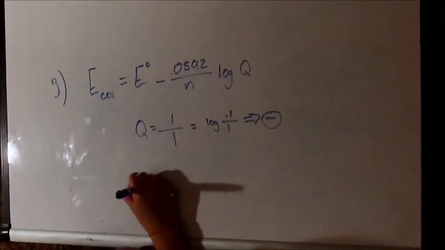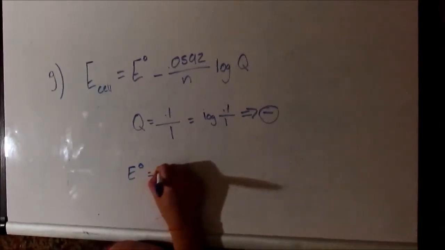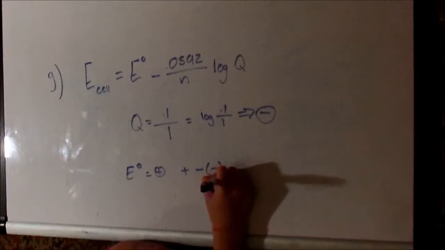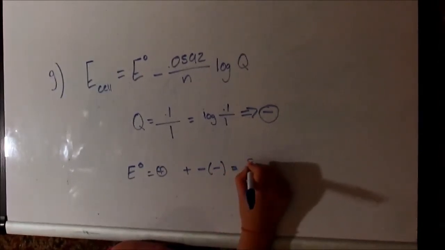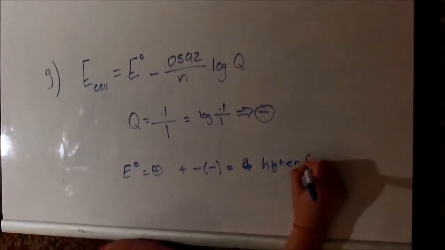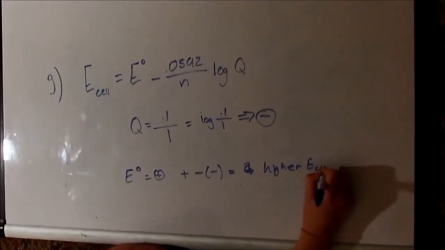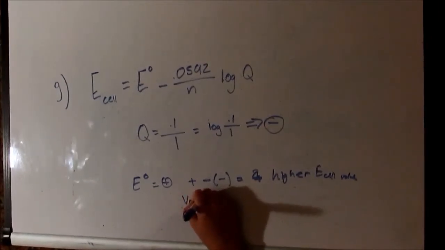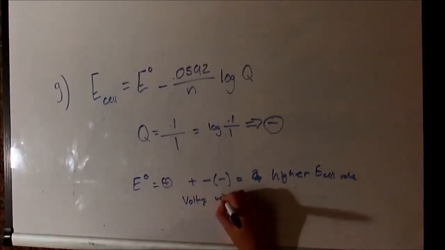And so since E0 is a positive number, a positive minus a negative number is going to equal a higher E cell value. So the voltage will increase as the molarity decreases.